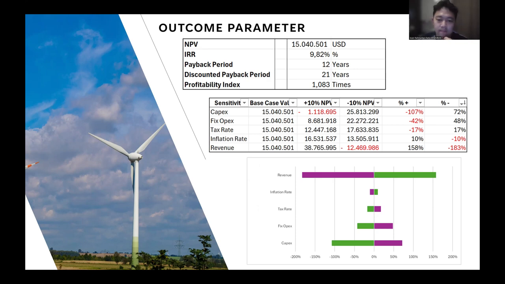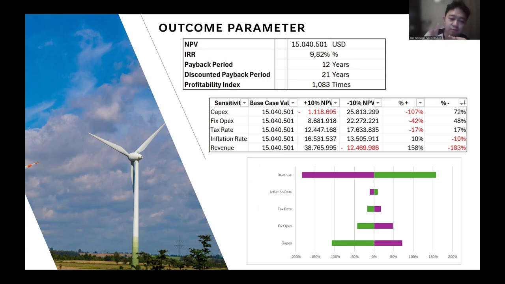After we have the outcome parameters, NPV, IRR, and so on, we need to know what the main factor is that can create a big impact on this project, and from which side.